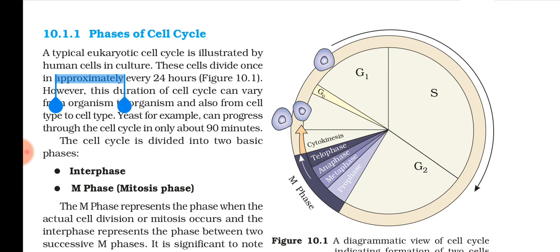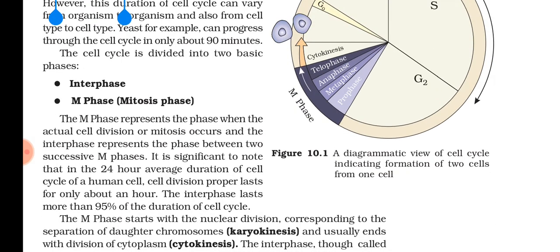Interphase is the phase where there is no distribution of the duplicated DNA. Only the preparation of the cell to get divided into two daughter cells takes place, and that is the prolonged phase of the cell cycle. Which one? Interphase.